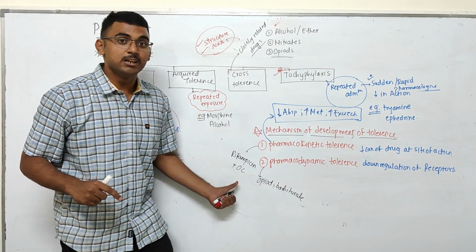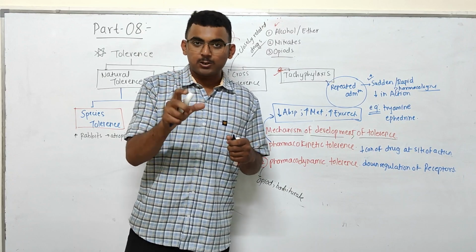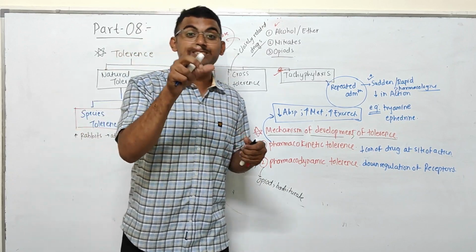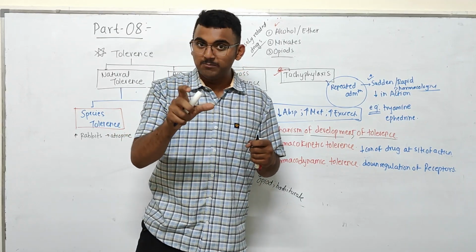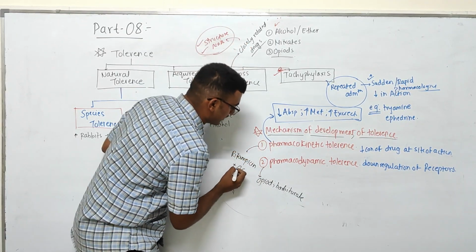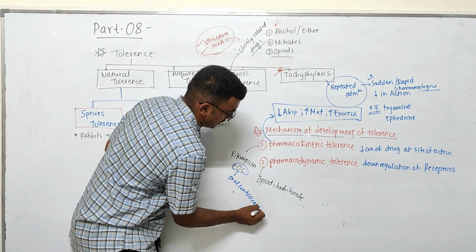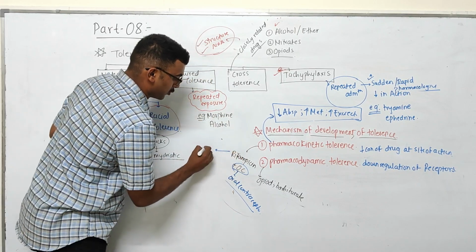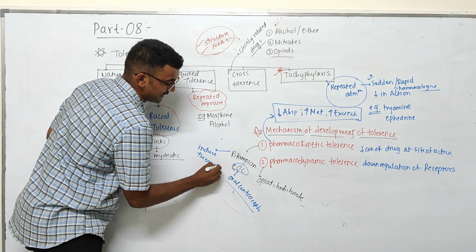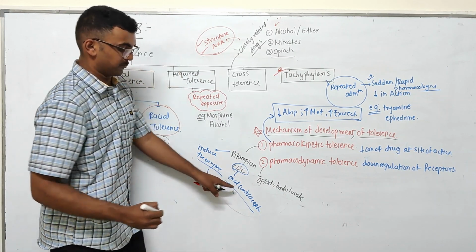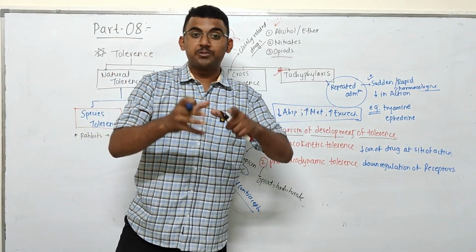If you talk about the rifampicin drug, it is going to induce your metabolizing enzyme, the enzyme which is responsible for the metabolism of oral contraceptives. So when we give rifampicin and an oral contraceptive together, what will happen?